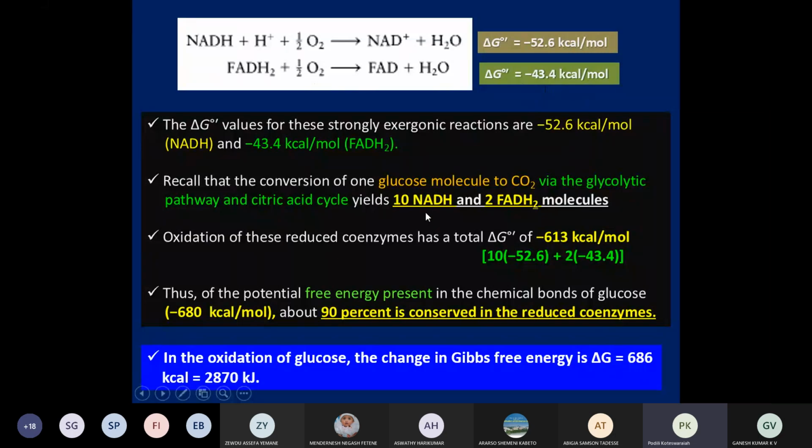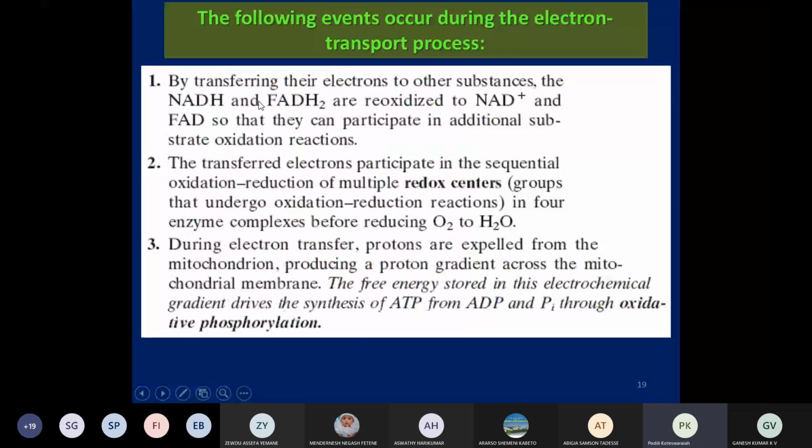When glucose is oxidized through glycolysis and the citric acid cycle, we have 10 NADH and 2 FADH2, so the total energy is minus 613 kilocalories per mole. The Gibbs free energy of glucose oxidation is only 686, which means about 90% of the energy is conserved in the form of coenzymes when glucose is oxidized.